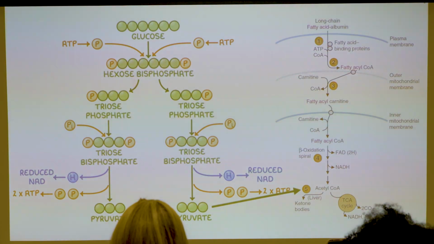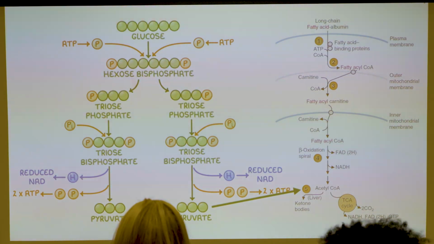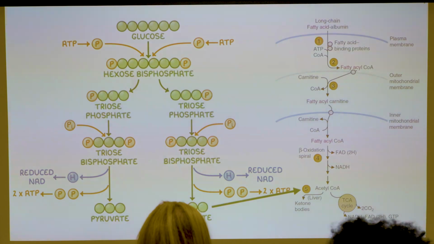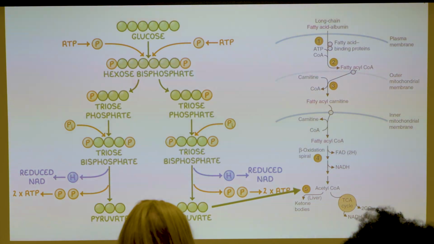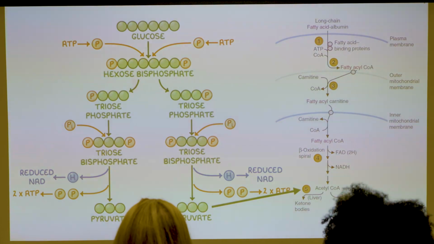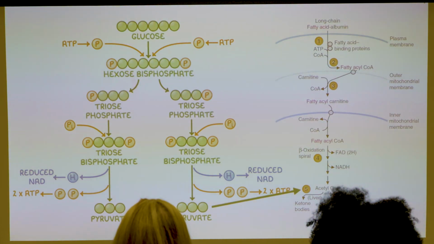So regardless of what you put in your mouth, the body is trying to get to this. Acetyl-CoA. That's all it wants. That is the thing that enters the process to create ATP, which is the energy currency. If I say ATP, are you all familiar? Yeah? Okay, good.